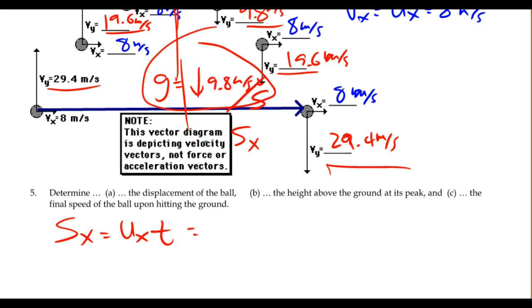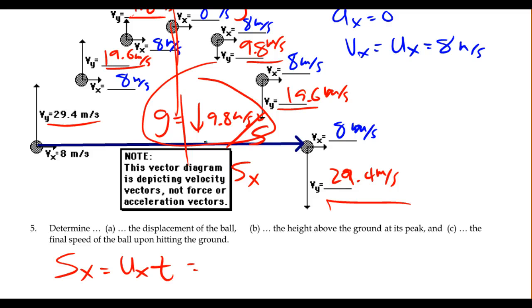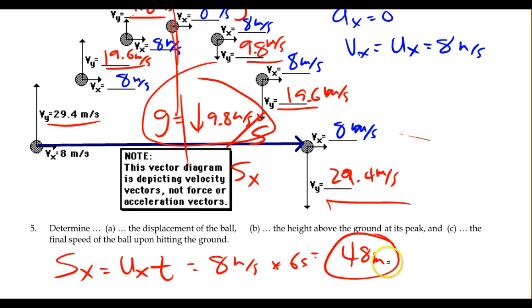We know the time because each second is a picture, so 1, 2, 3, 4, 5, 6 seconds. We're traveling at 8 meters per second, so we're going to be moving at 8 meters per second times 6 seconds equals 48 meters for the displacement. Now, it is a displacement, so also, the angle is 0 degrees.